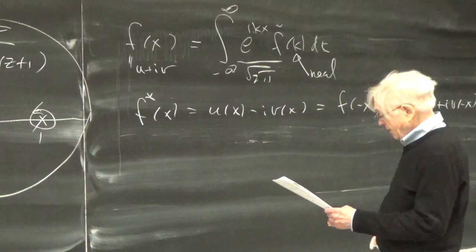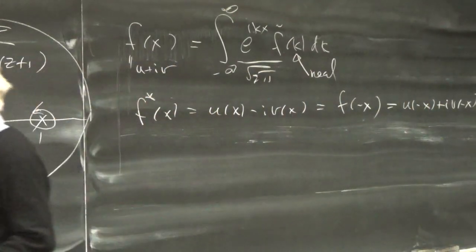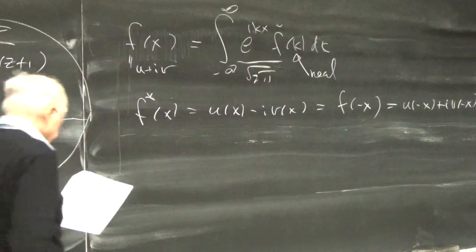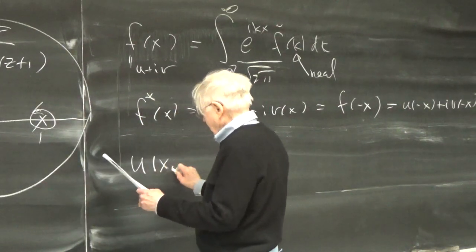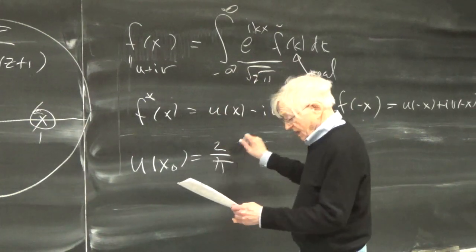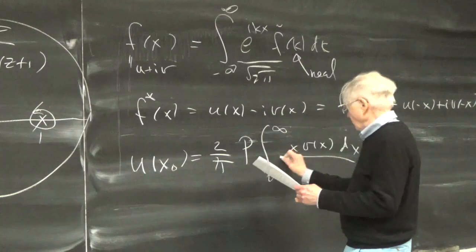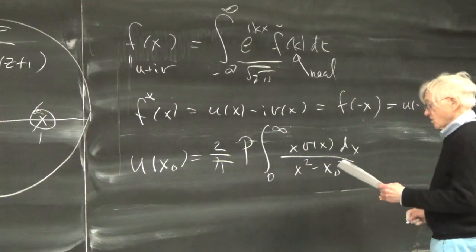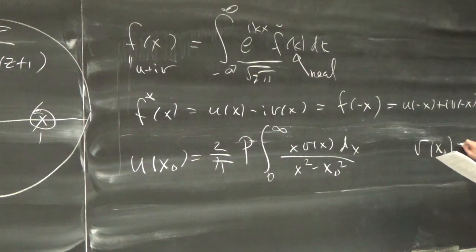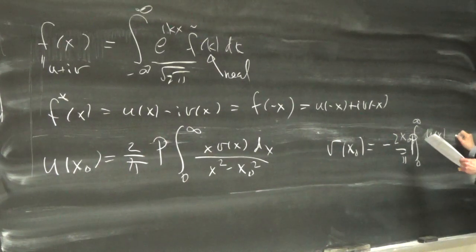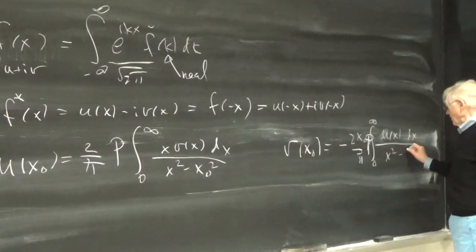Then, if you go back to these Hilbert transforms and you substitute these relations, what you can show, and this will be a homework problem, is u of x0 equals 2 over pi, principal part, integral 0 to infinity, x v of x dx over x squared minus x0 squared, and then v of x0 is minus 2x0 over pi, principal part, integral 0 to infinity, u of x dx over x squared minus x0 squared.